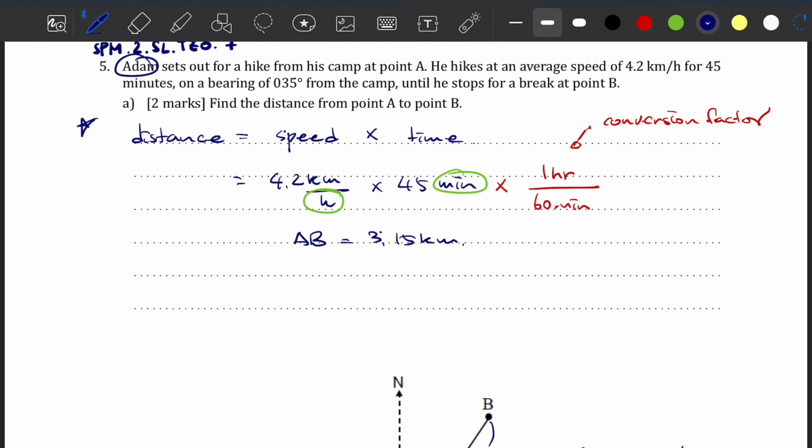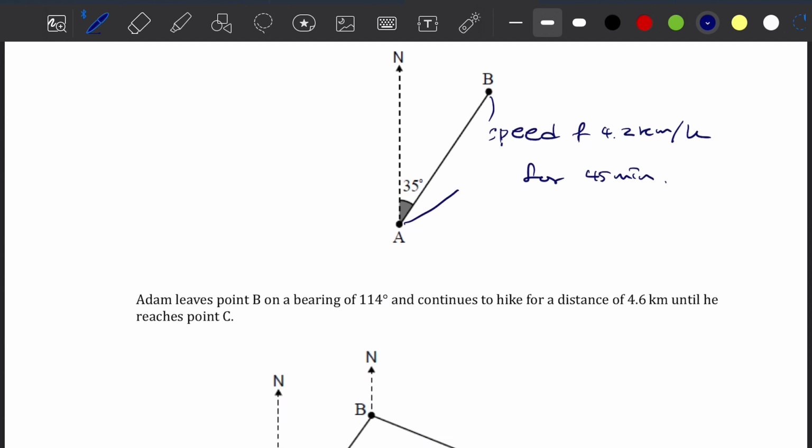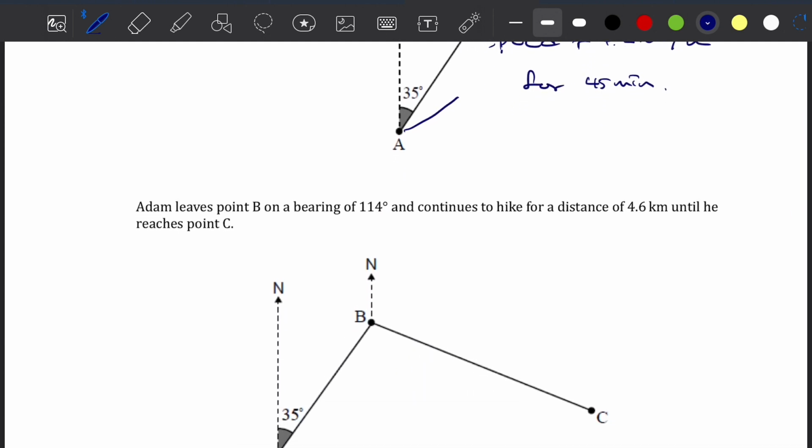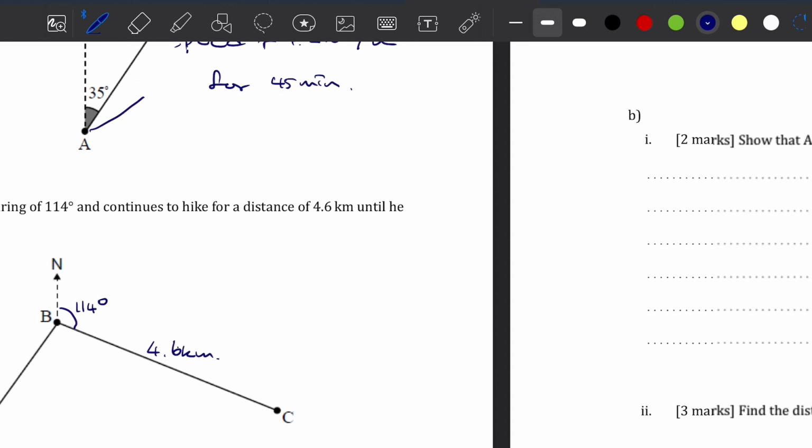Okay. Then we know that Adam leaves point B on a bearing of 114 degrees and continues to hike for a distance of 4.6 kilometers until he reaches point C. Okay, so this is the bearing happening here, right? And then he hikes about 4.6 kilometers. Then let's do the next question.